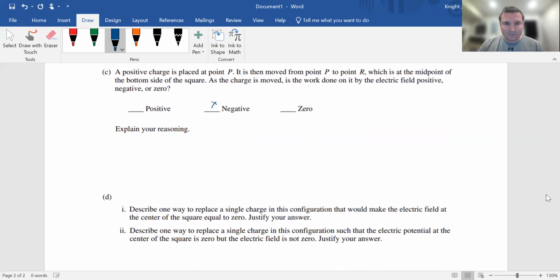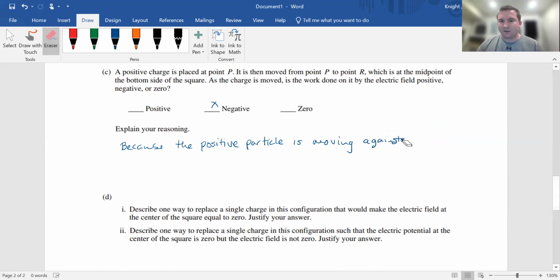It's going to be negative because the positive particle is moving against the electric field lines, or against the direction of the electric field.